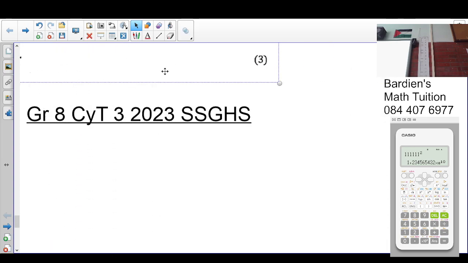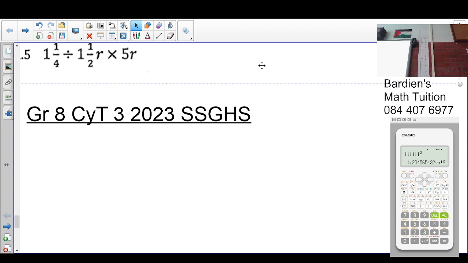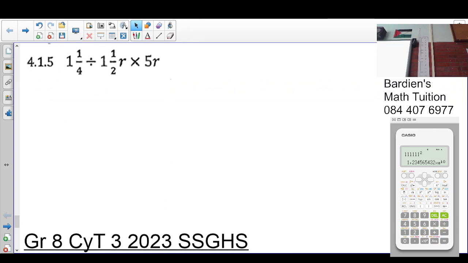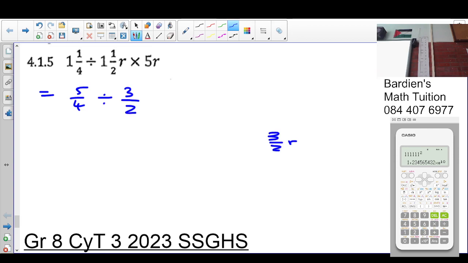People, this one is also poorly answered. Most of you messed up this R. You work this one. First thing we do is you change everything to improper. So that's going to be 5 over 4 divided by 3 over 2R. If it's next to the 3 over 2, this R belongs to the numerator.